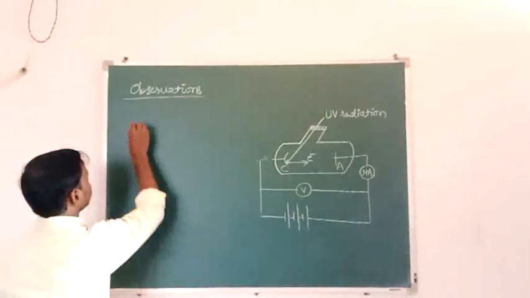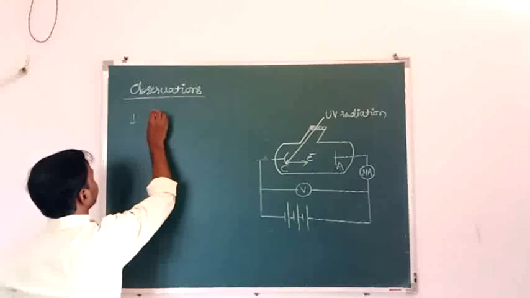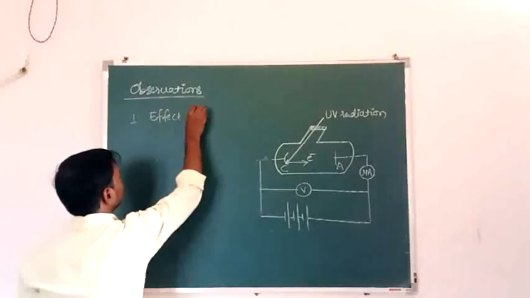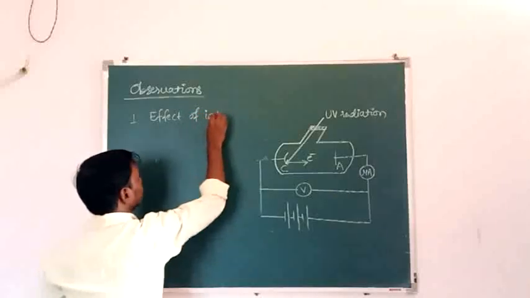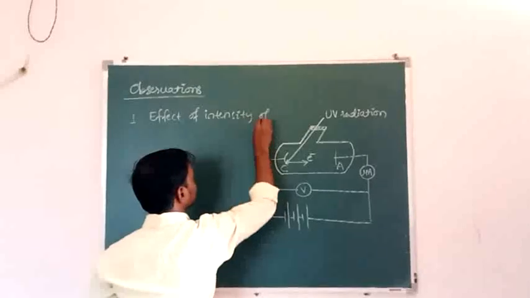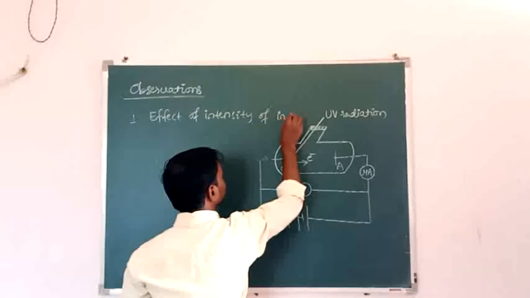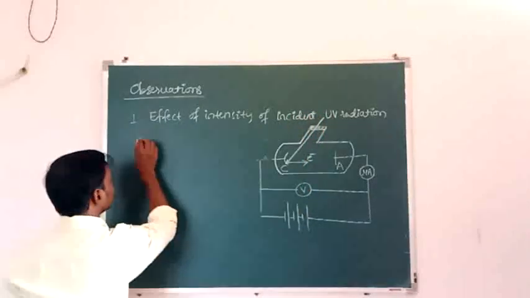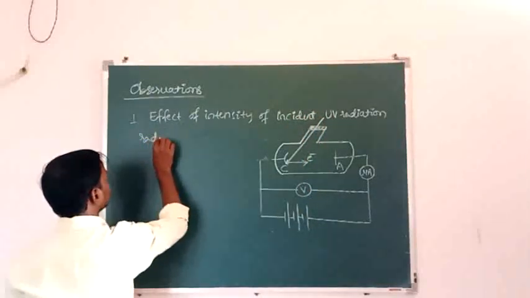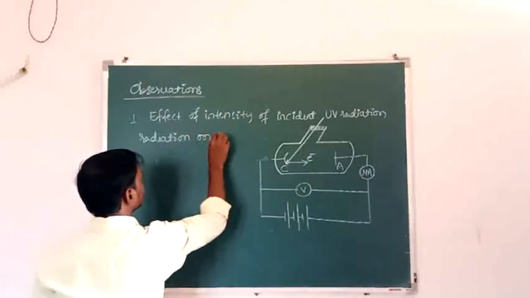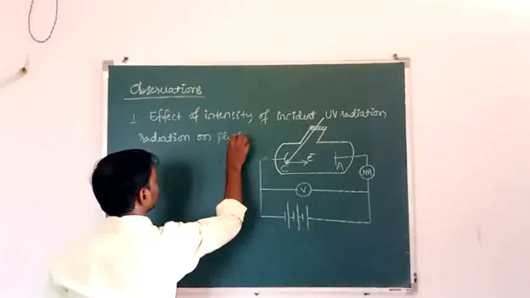So the first observation is the effect of intensity of incident radiation on photocurrent. Photocurrent is also called photoelectric current.